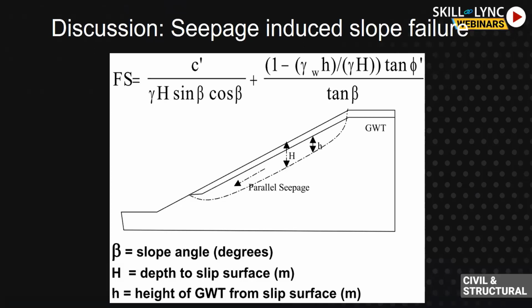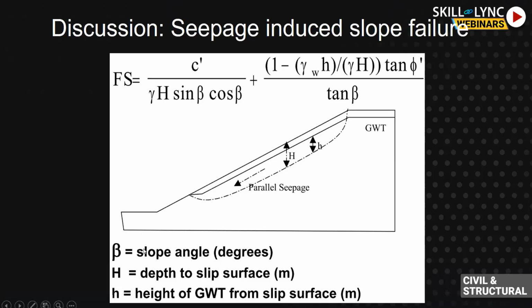Again, you can find a component called c prime here. This is cohesion, and this is the angle of internal friction, phi prime. These two are the components which determine the strength of the soil. For instance, for clay soil, most of the strength comes from the cohesion component. For sand and gravel, the strength comes from the angle of friction, phi prime. Beta in this particular formula is the slope angle.